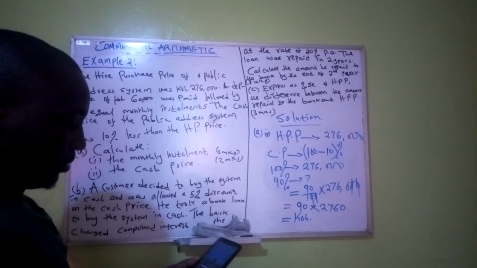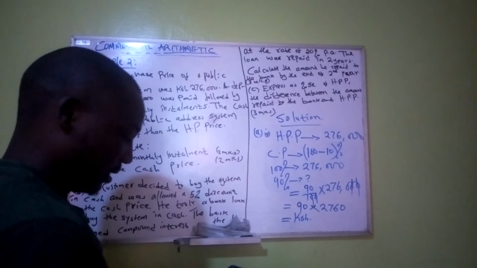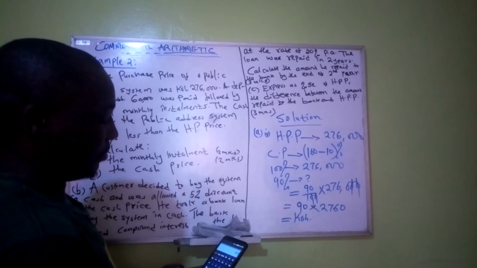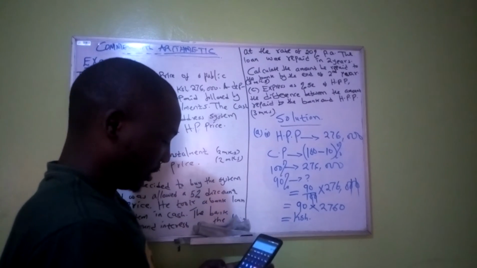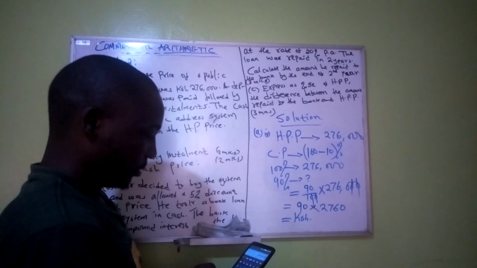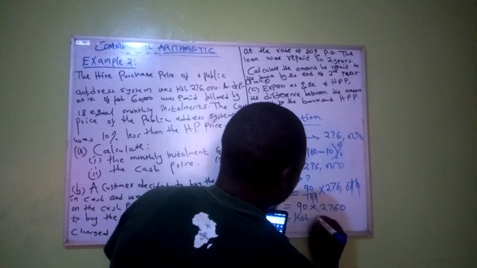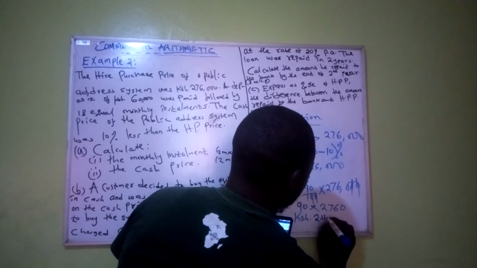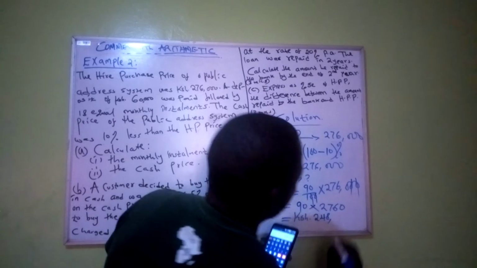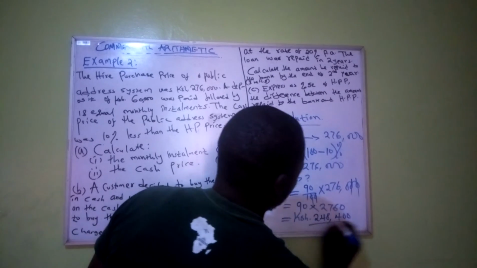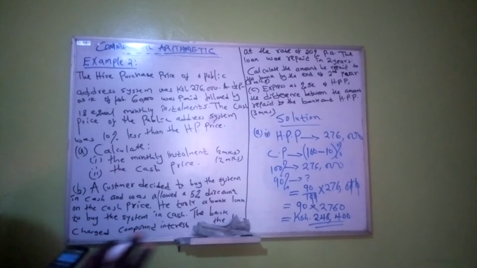We now go back to our scientific calculator. We say 90 times 276,000. We get 248,400 Kenya shillings. This is the cash price.